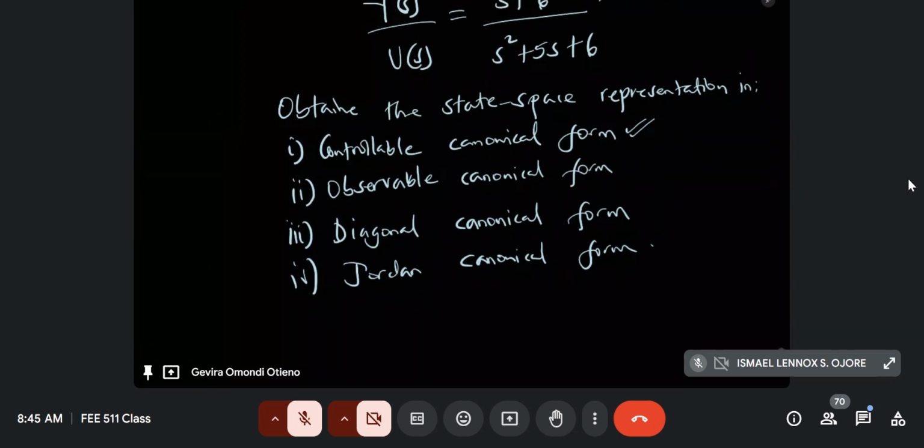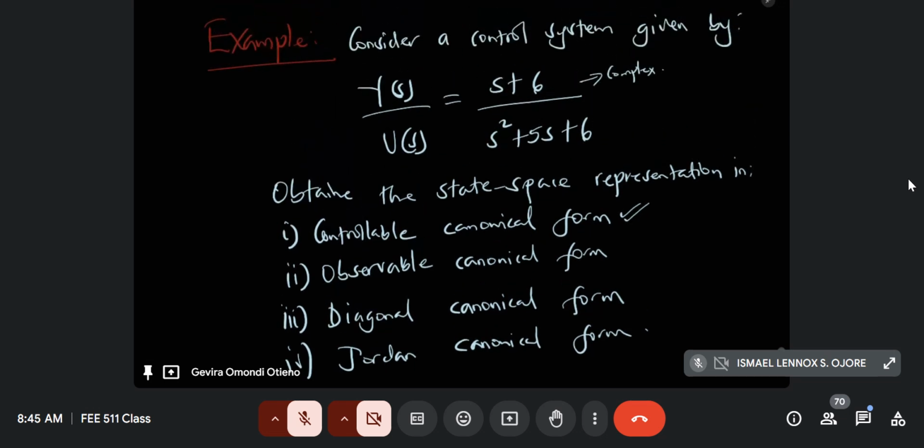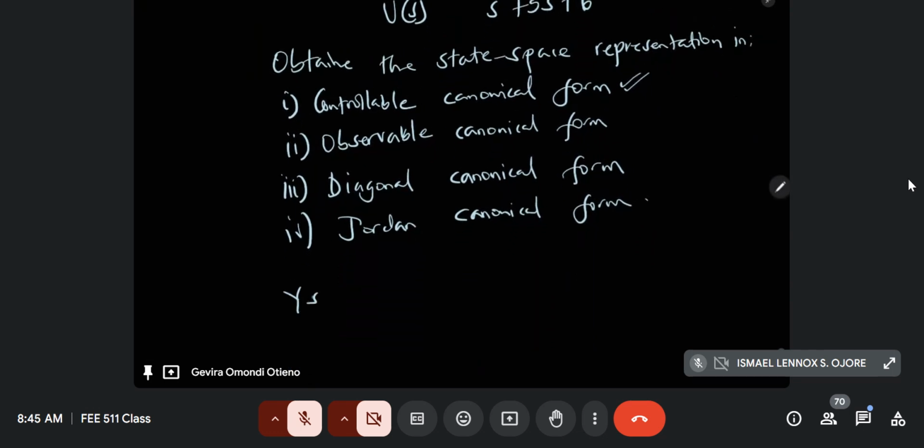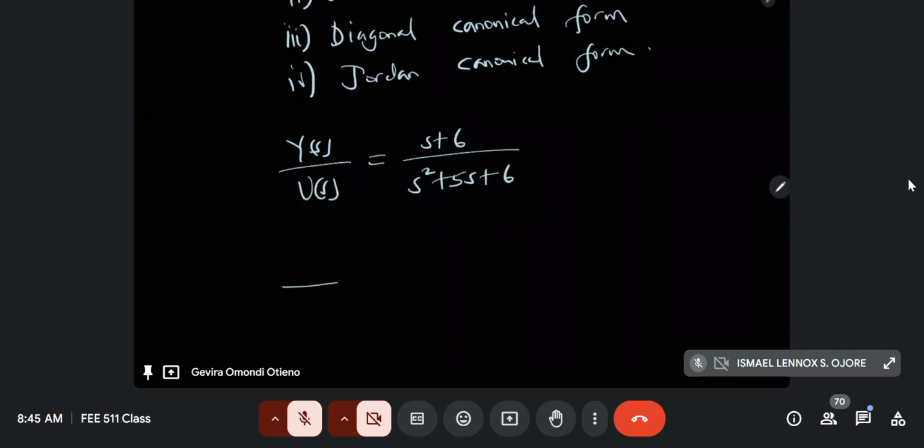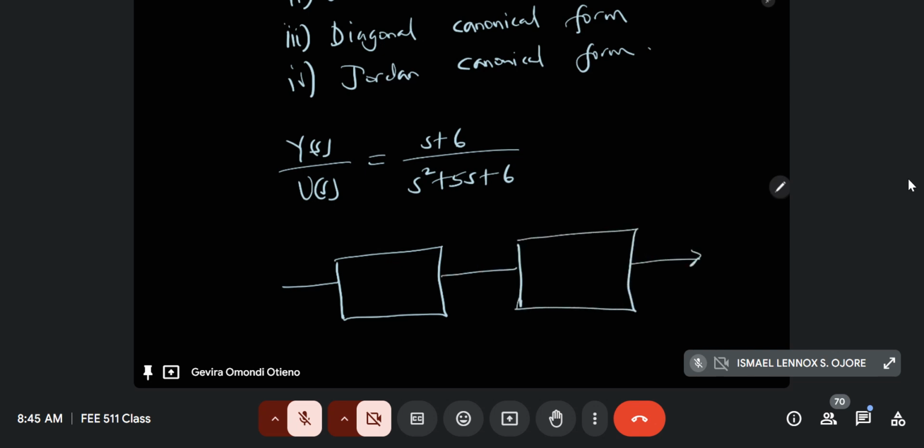And we said that for a complex numerator, what you have to do is to cascade the system such that the denominator forms the first block and the numerator forms the second block. What am I talking about? I'm talking about saying that if Y(s)/U(s) equals (s + 6)/(s² + 5s + 6), what we do is we cascade the system, and that order is very important.